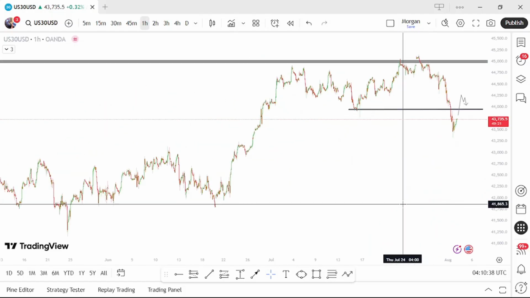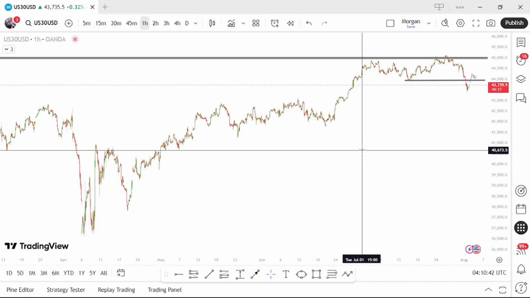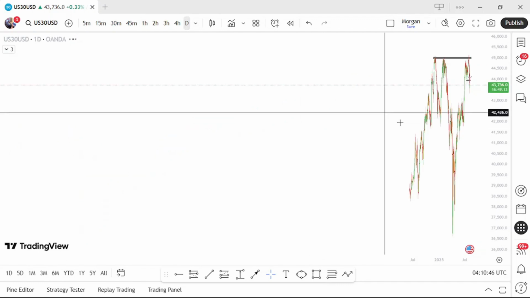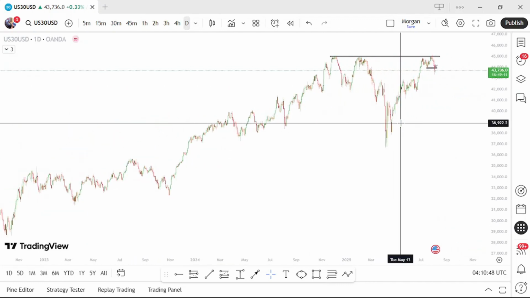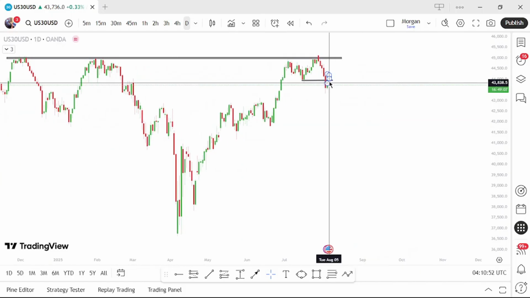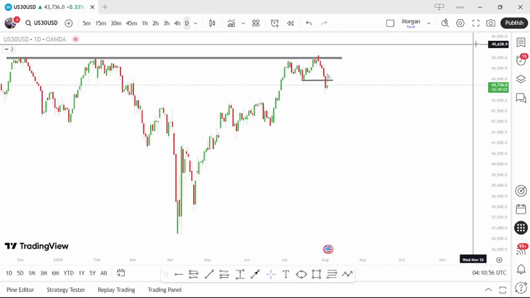But in US30, all the time frames kind of correlate right now, makes sense. Also, if you go to that daily time frame again, not much anyways. I'll just say all the time frames kind of correlate that sellers are coming into the market, and we just want to be looking for sells.